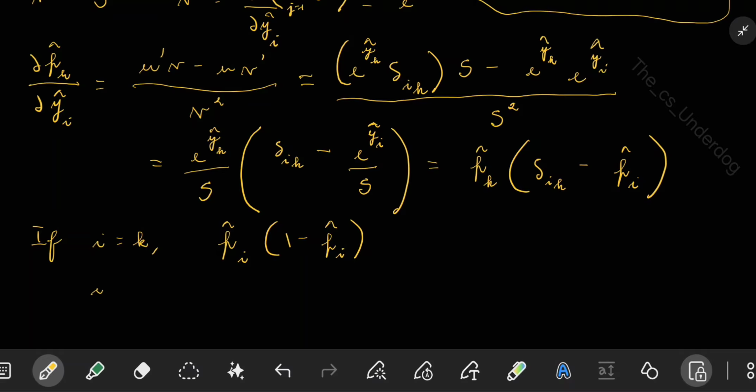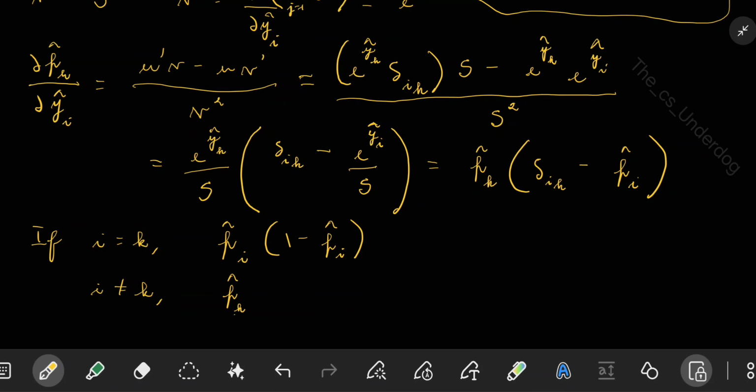Next thing, if i is not equal to k, then what happens? Then this particular value, this pk cap will remain as it is. So that pk cap will remain as it is, pk cap into del ik will be 0 in this case. So it will be 0 minus pi cap. So how can I write this? 0 minus pi cap is minus pi cap.